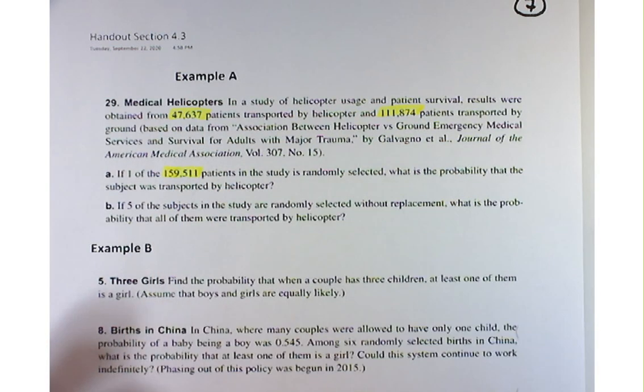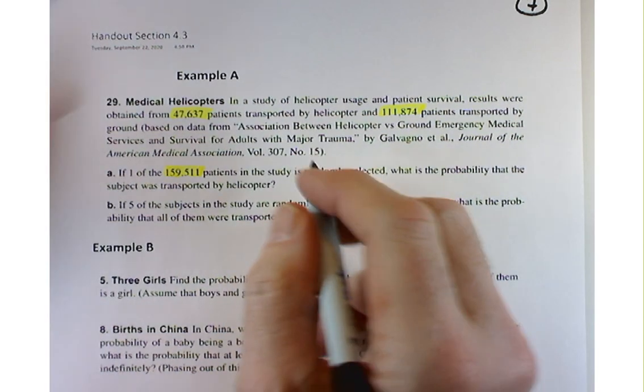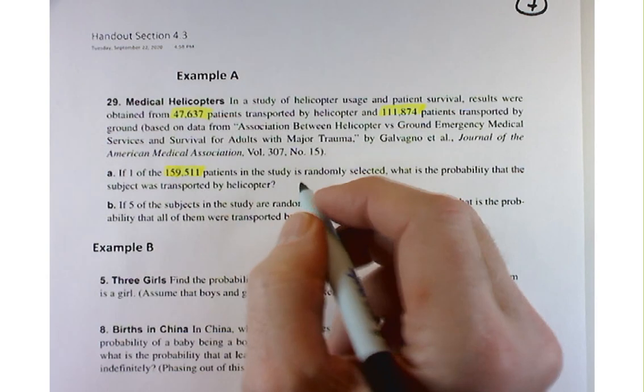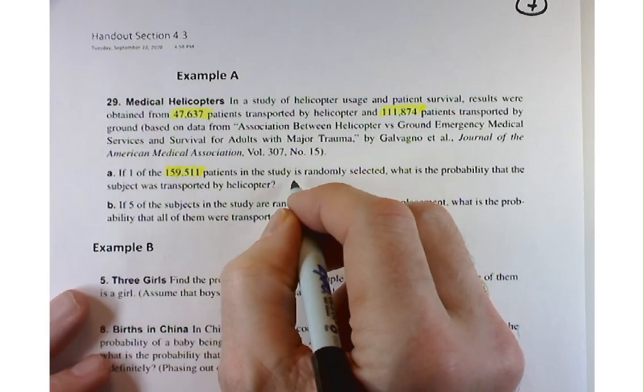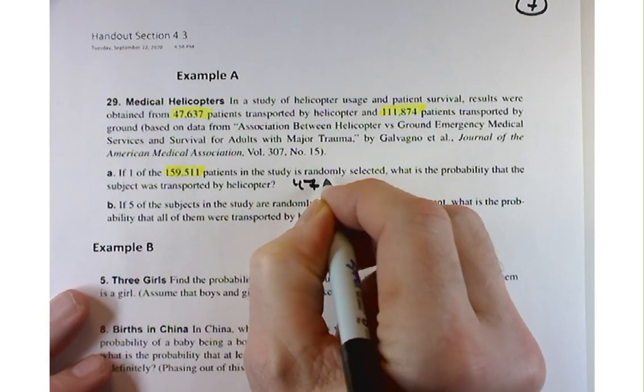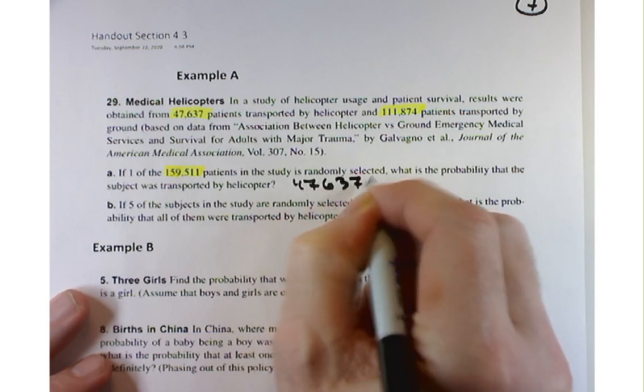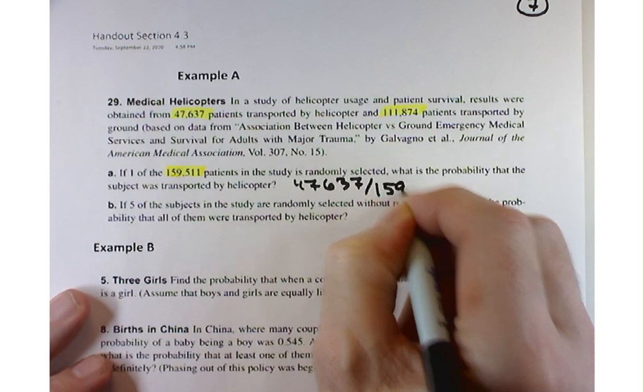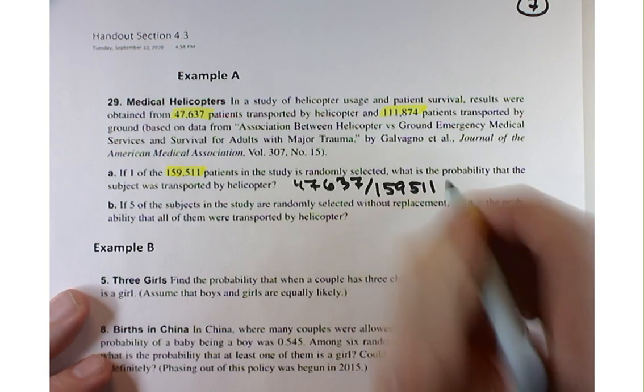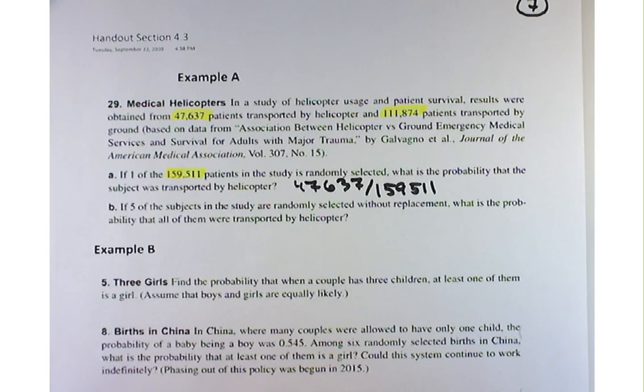Chloe, do you agree? Yeah. All right, yes. I read it wrong. Yeah, it's okay. It's all right. I mean, that kind of stuff happens, so no worries. 47,637 divided by 159,511. Now that's for the first patient to be randomly chosen out of this group and transported by helicopter.